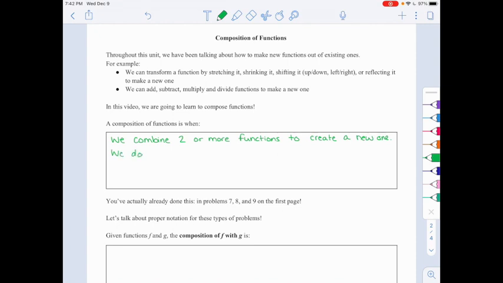We do this by substituting one function or one equation into the other.